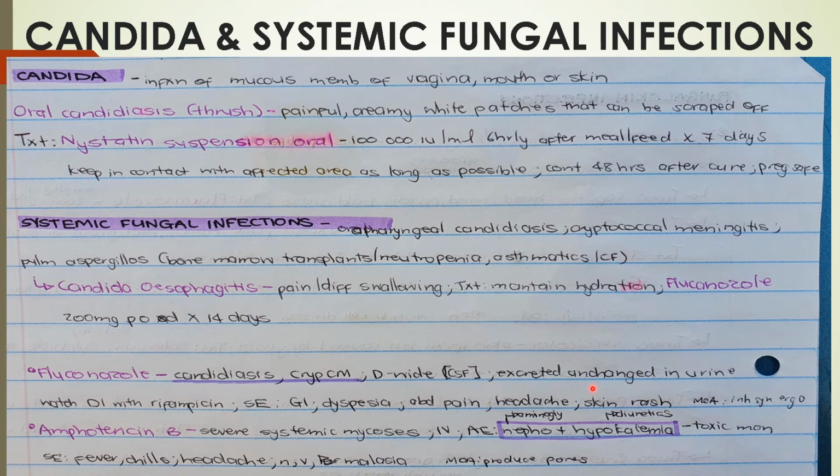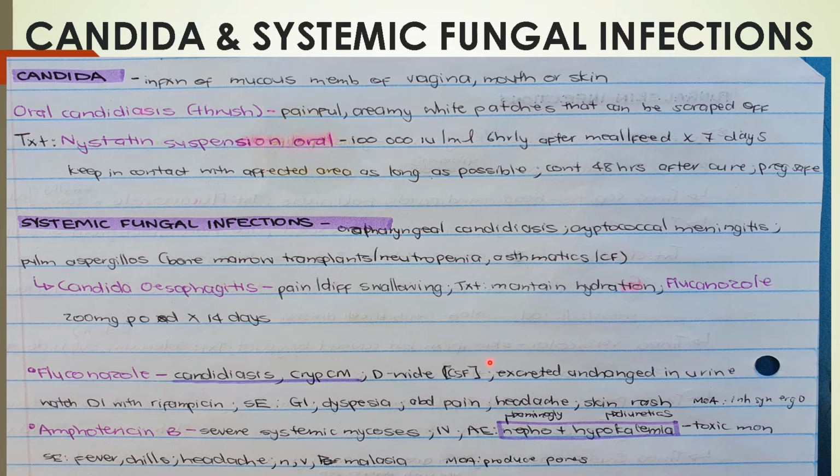It's excreted unchanged in the urine, and you need to watch out for drug interactions with rifampicin, so patients that are on TB treatment, because it can cause some renal issues if it's combined with rifampicin. Side effects include GI, so that's stomach cramps, diarrhea, dyspepsia, abdominal pain, headache, skin rash, etc.